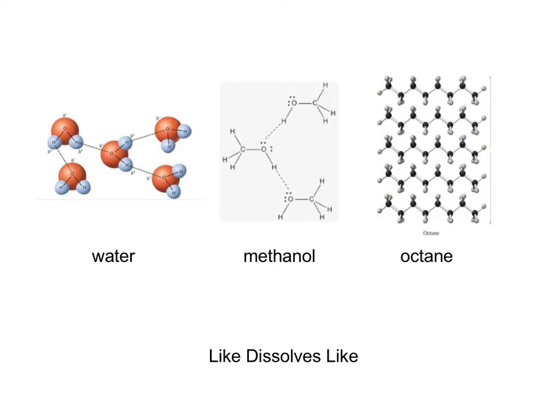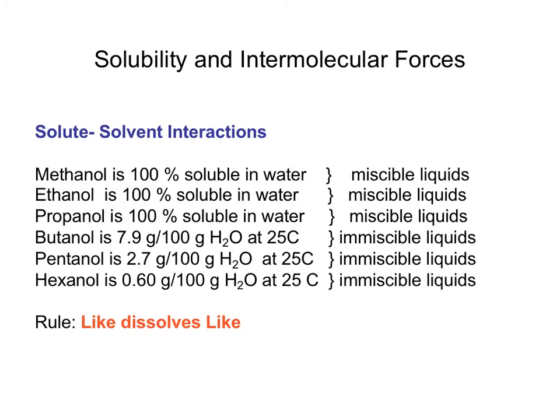This is octane on the right. And it's got 8 carbons, 1, 2, 3, 4, 5, 6, 7, 8. I like this figure because it shows how they stack together. There's a fairly strong interaction, London dispersion force between them because the molecule is getting rather large there. So there's a pretty strong attraction to other octane molecules.